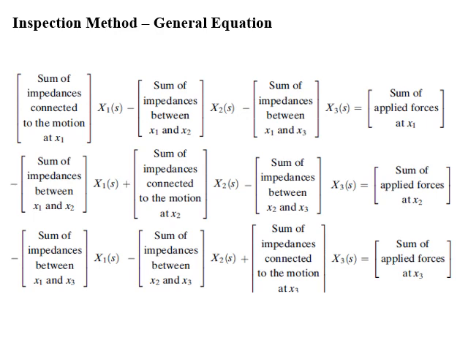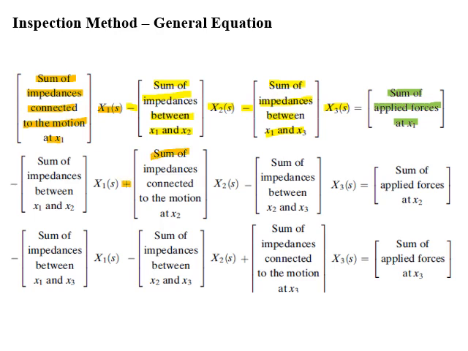For the first object, mass m1, the equation will be: sum of impedances connected to the motion of x1 multiplied by its linear displacement, which is x1 of s, minus the sum of impedances common between x1 and x2 motion multiplied by the motion of the second point, which is x2 of s, minus the sum of impedances which are common between the motion of x1 and x3 multiplied by the motion of the third point, which is x3 of s, and this equation will be equal to the sum of applied forces at x1.